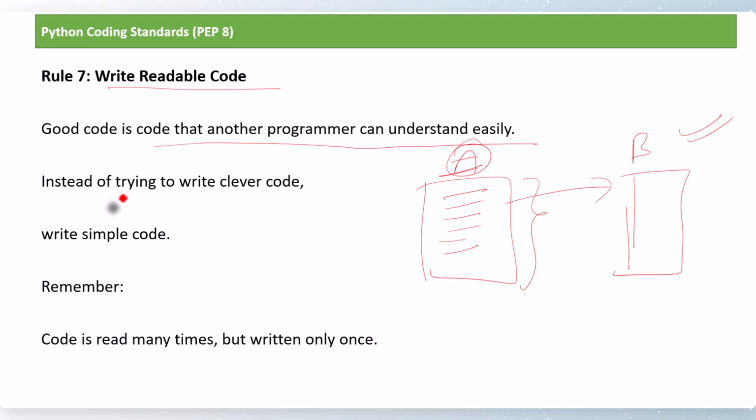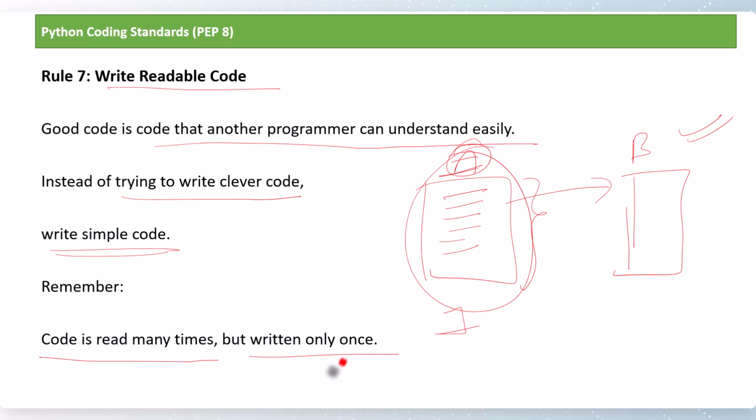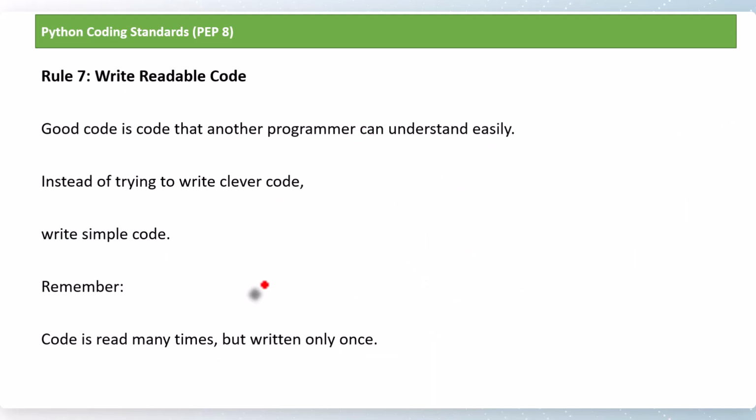Instead of trying to write clever code, write simple code. Because code is read many times, but written only once. You write this program only one time, but this code will be read by many programmers many times. That's why you need to write readable code.